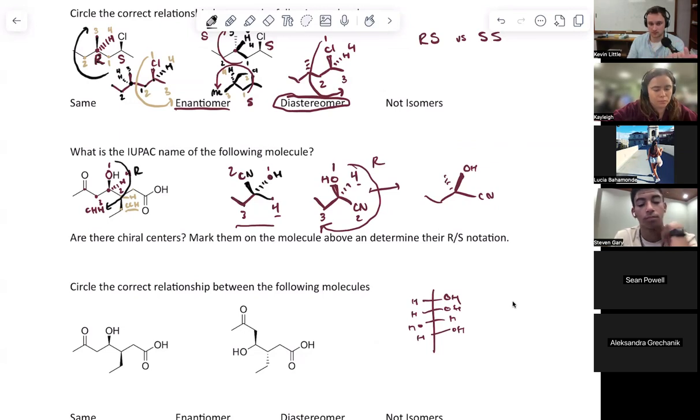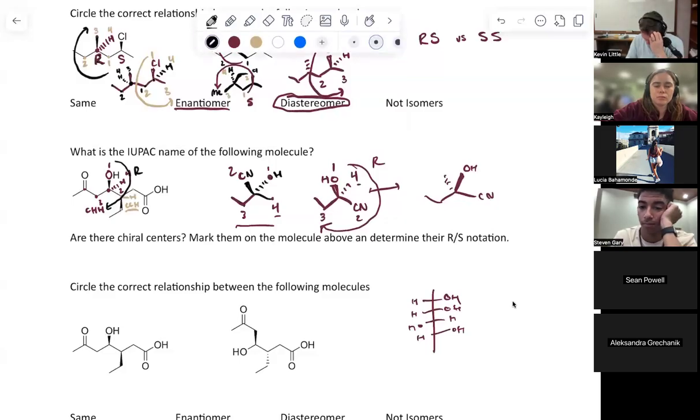Unless you purposefully flip them. Okay, so since I have two down flats in this picture, both of these flats are going down, that means both my wedge and my dash have to be up. It doesn't matter if they're left or right of each other, but they both have to be up.